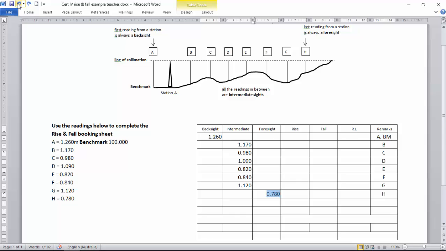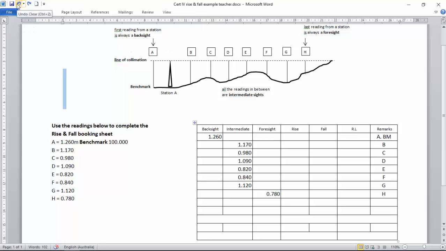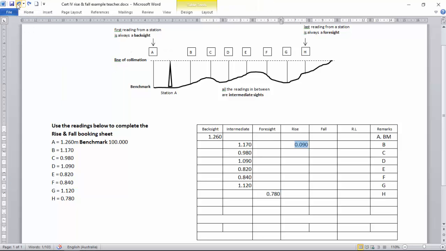Okay, so now we've put those heights into the relevant columns, back site, intermediate site and foresight. We've got our benchmark, which is A. And we're going to put whether it's a rise or a fall. We can see here that the size goes from 1260 to 1170, so it's a rise of 90 mil.